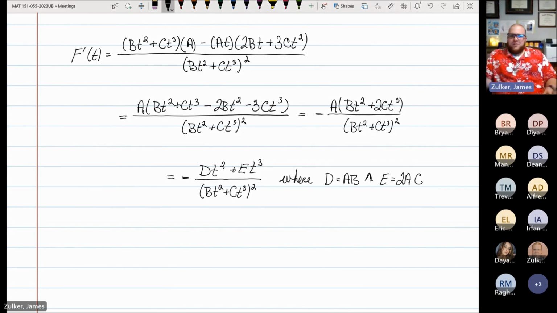So what you see is we'll often define new constants, just so we eliminate the number of times we're writing it. So instead of writing AB, we'd rather write D. Instead of writing 2AC, we'd rather write E. So you'll see that sometimes as well. I actually could have also just gotten rid of the negative and incorporated the negative into those constants.